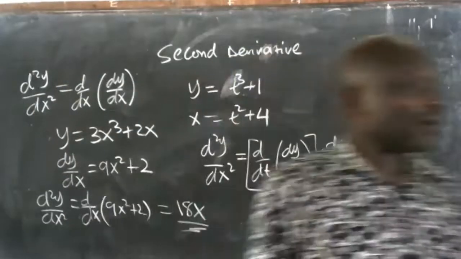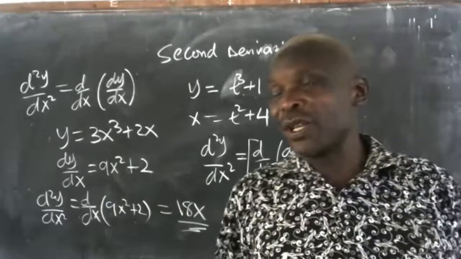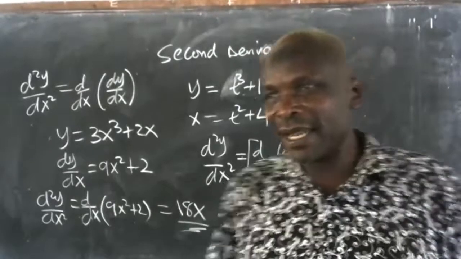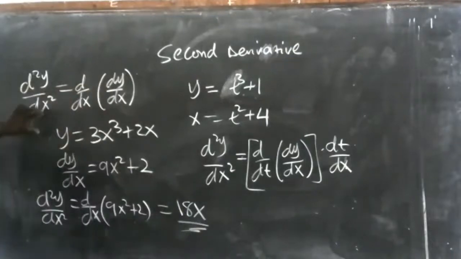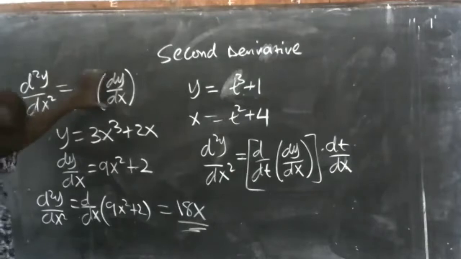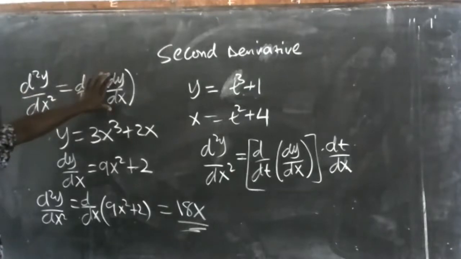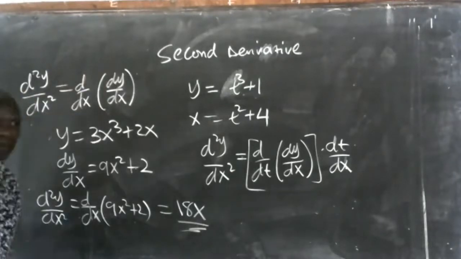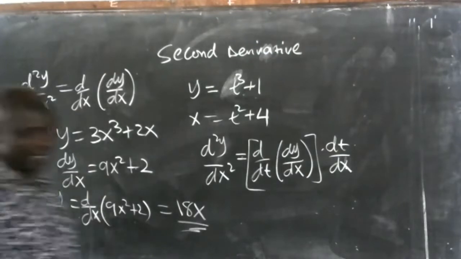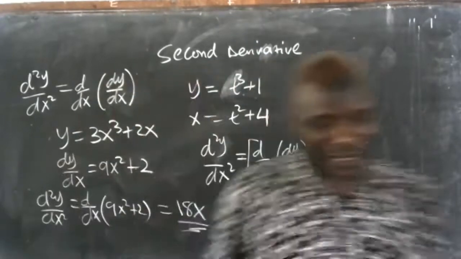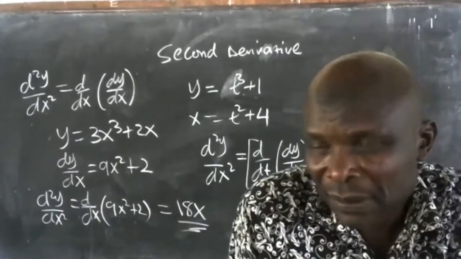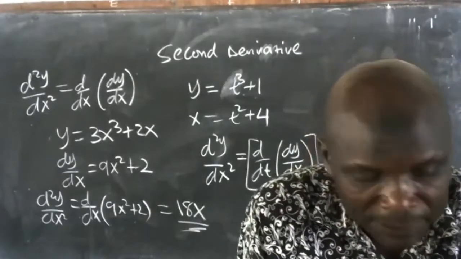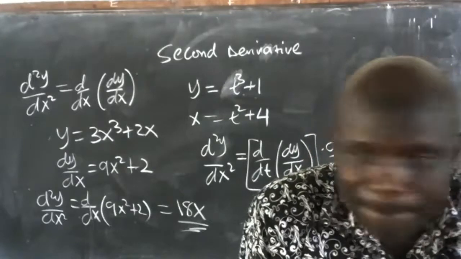We're not multiplying here, but it is a definition of the second derivative. The d squared y over d x squared means differentiating what you have already differentiated with respect to the same variable. So it is not mere multiplication like we did in primary school. Don't relate it with multiplication. That is the definition which they gave for that.